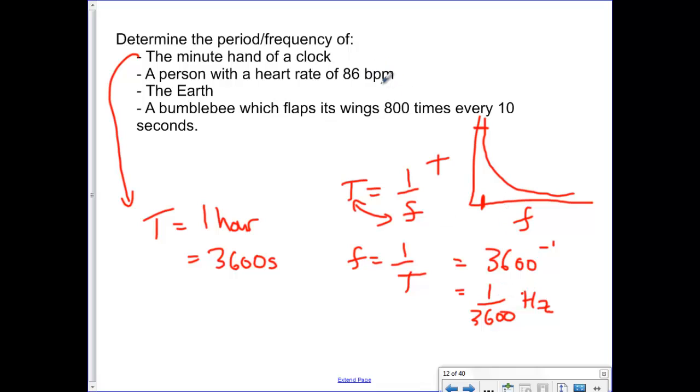Okay, let's do a person with a heart rate of 86 beats per minute. 86 beats per minute is already kind of a frequency. It's 86 cycles per minute. But we don't want it per minute, we want it per second. So take minutes over 60 seconds.